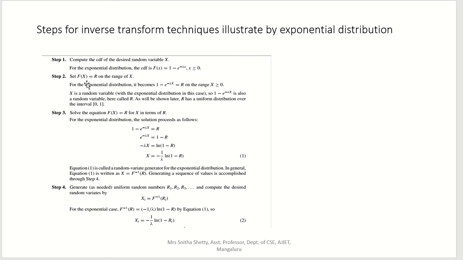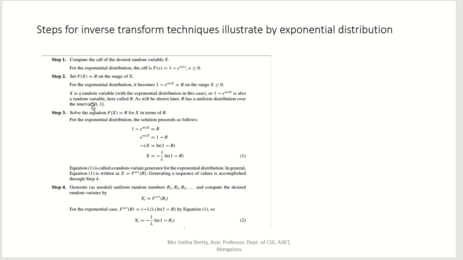So how to set the range? F of x must be equal to r. The CDF should be assigned to the random number r. The random number will be given in the question itself. So set F of x equal to r on the range of x. Now F of x is 1 minus e to the power minus lambda x, so I write 1 minus e to the power minus lambda x is equal to r.